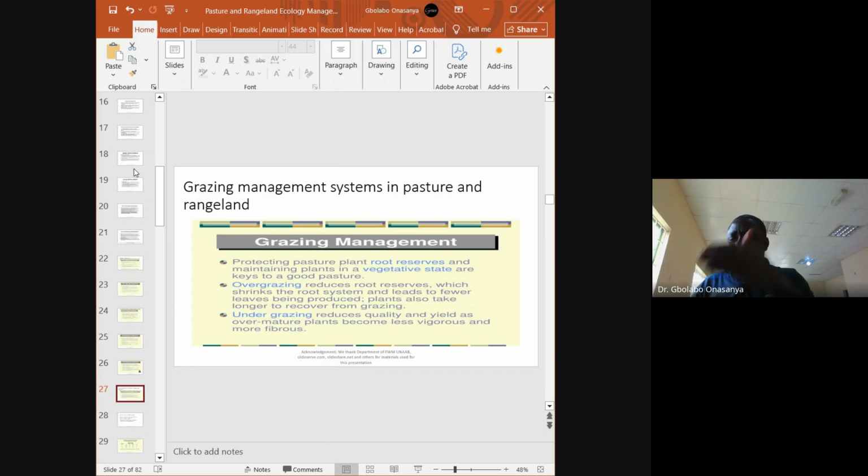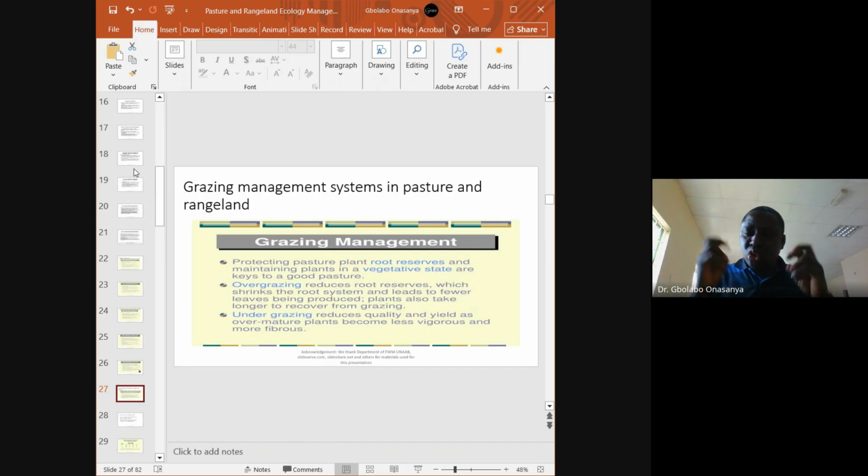When you keep grazing your animals on a particular pasture land, over a period of time, you will exhaust all the grasses and your animals will have nothing to eat. So management of grazing system makes you manage your pasture land, and it equips you on how to manage your grasses, legumes and forage.